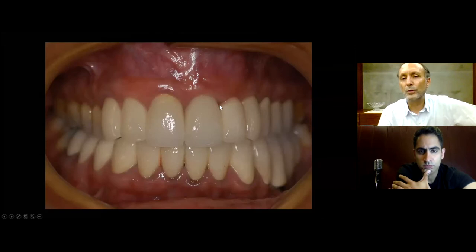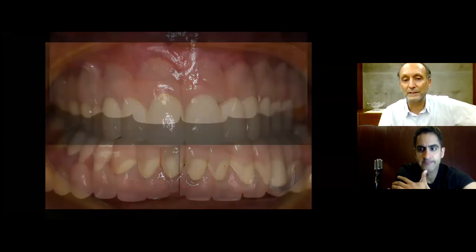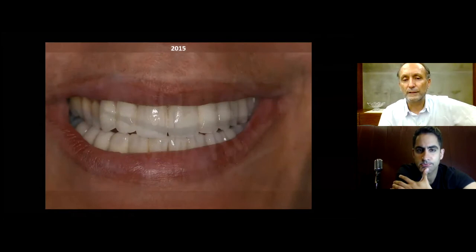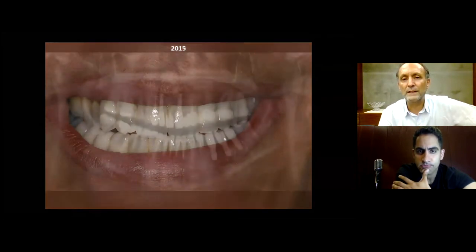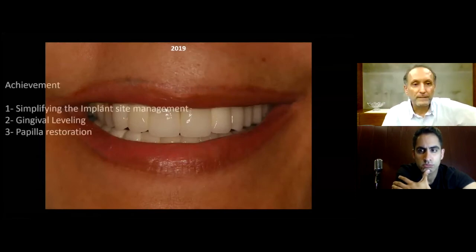Definitely we have a small missing tip because we have two adjacent teeth missing. So the papilla would disappear where we have missing teeth. Luckily, the lip will cover this, and this is 2019 with a steady and stable result until now. We simplified the implant treatment, we leveled the gingiva, we had a papilla restoration.